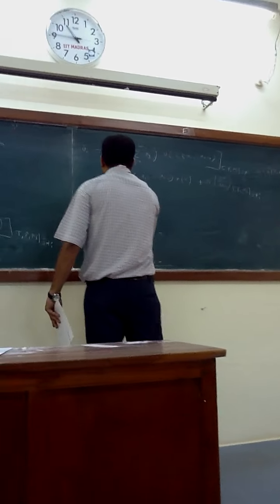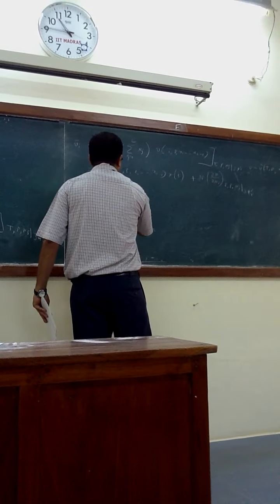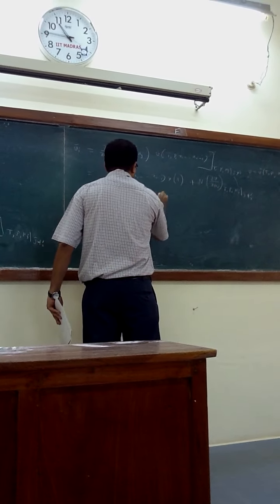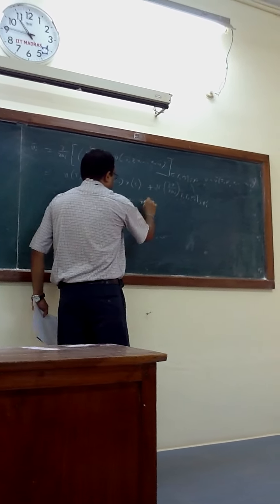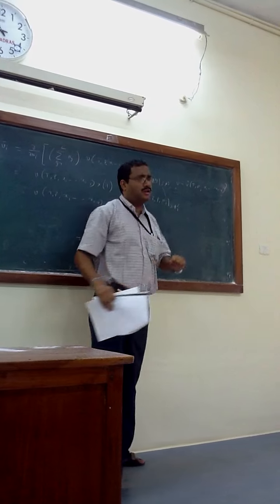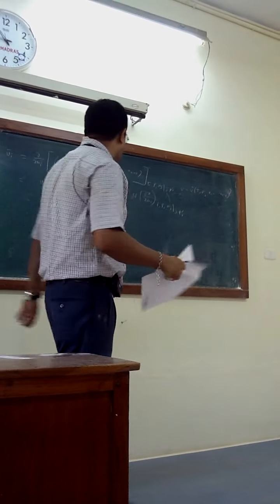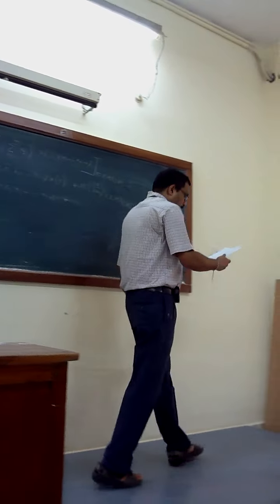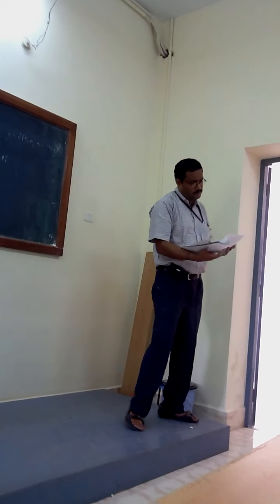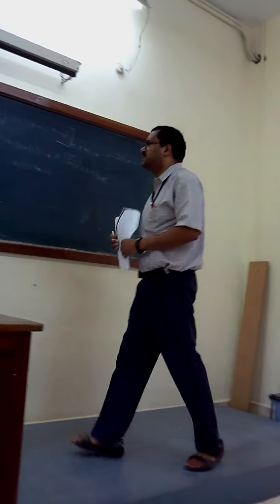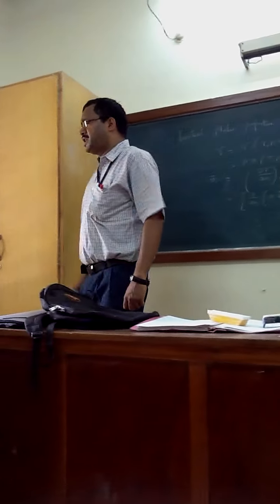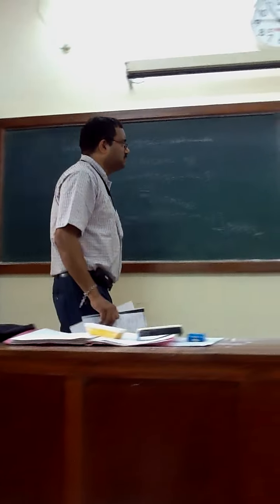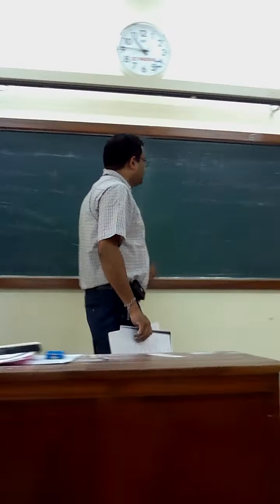So next step you can write V(T, P, x1 to x_{c-1}) into 1 plus n times ∂V/∂n_i at T, P, n_j not equal to i. How to evaluate this? I want to express everything in terms of the small quantity, that means x. Yes?